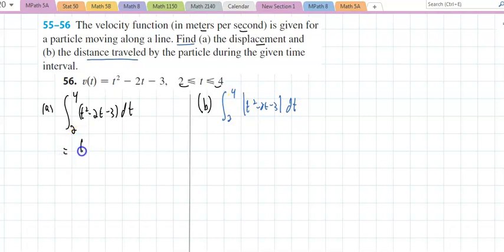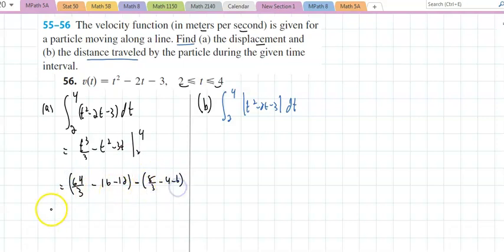So this is really t cubed over 3 minus t squared minus 3t evaluated from 2 to 4. That is 64 over 3 minus 16 minus 12. And if I put a 2 in there, that will be 8/3 minus 4 minus 6. Altogether, we're talking about 64 over 3 minus 28 minus 8/3 plus 10.